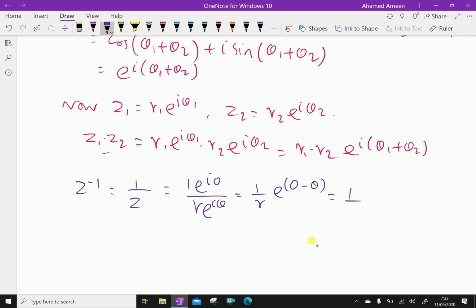Further we can say 1 by r e power minus i theta.